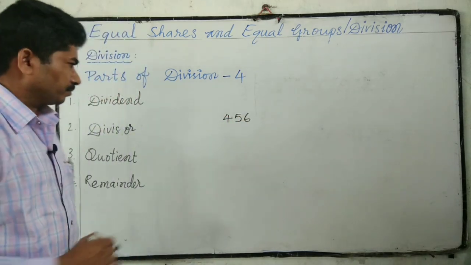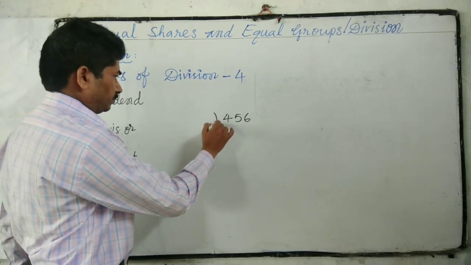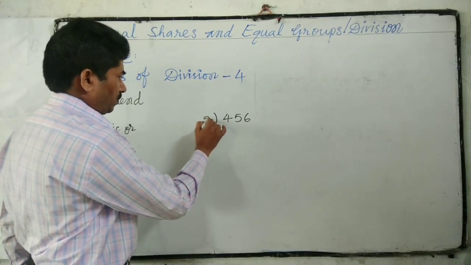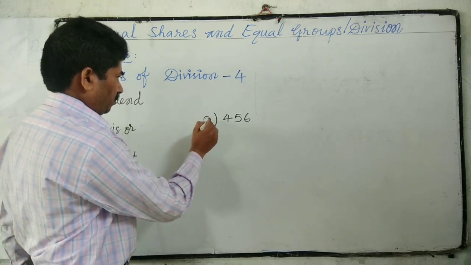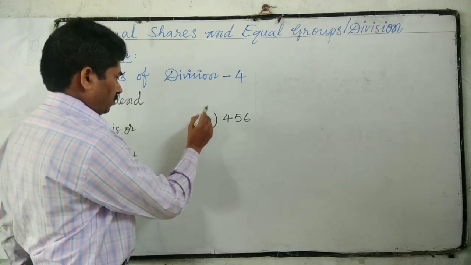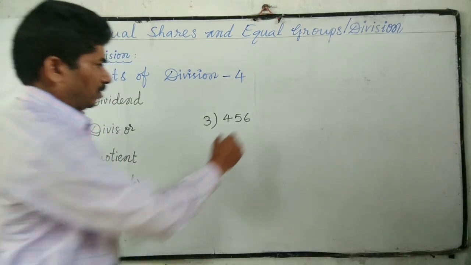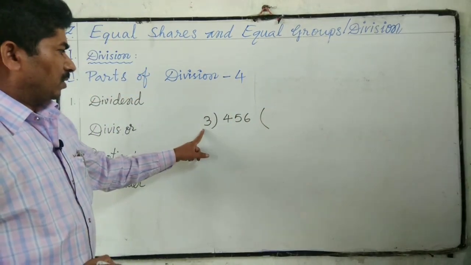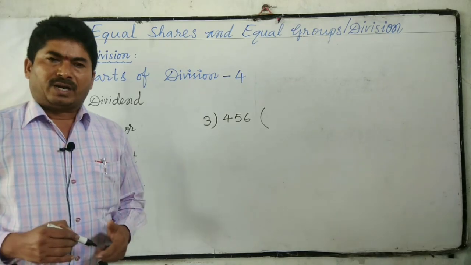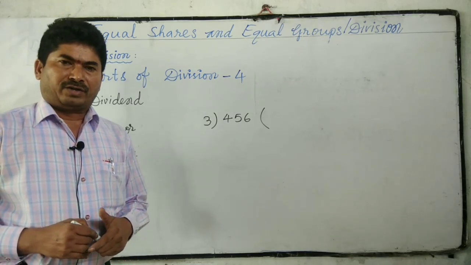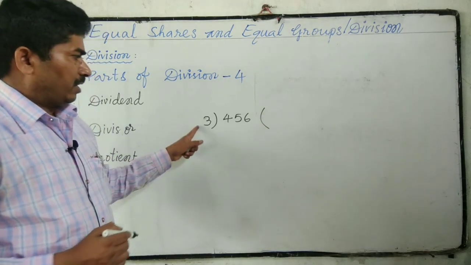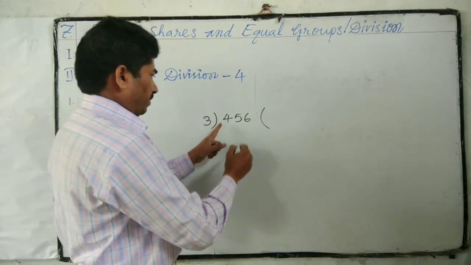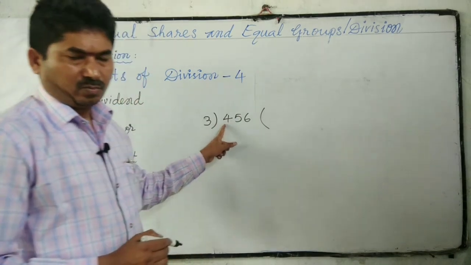456 divided by 3. To divide or multiply, we must be perfect in the multiplication table. So here, 3 table: 3 ones are 3, 3 twos are 6.